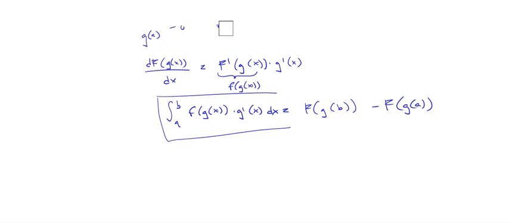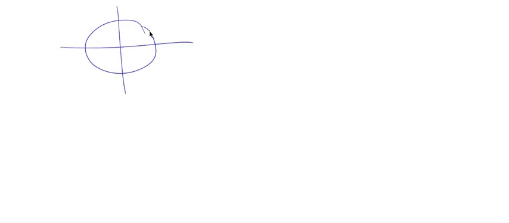So let's use all of this to compute the area of a circle of radius a. We know that the equation of this circumference is y squared plus x squared equals a squared, and so from this we get, as we know, y is equal to plus or minus the square root of a squared minus x squared.